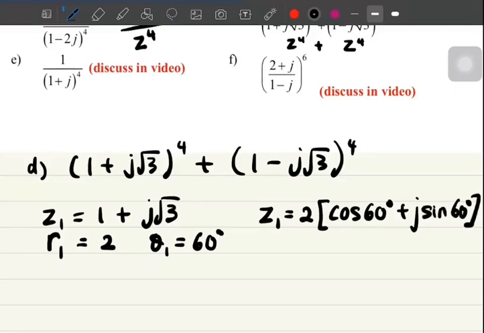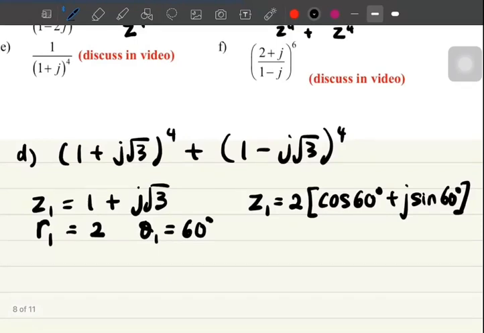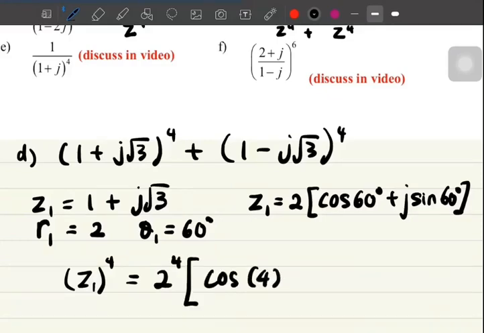Okay. So settle 1. Tapi ni kuasa 1 kan, yang you nak cari adalah kuasa 4. Betul? So you nak cari to the power of 4. So you will have Z1 by using the De Moivre's theorem ni. So Z1 kuasa 4 sama dengan 2 kuasa 4 cos 4 darabkan dengan 60 tambah J sin 4 darabkan dengan 60.